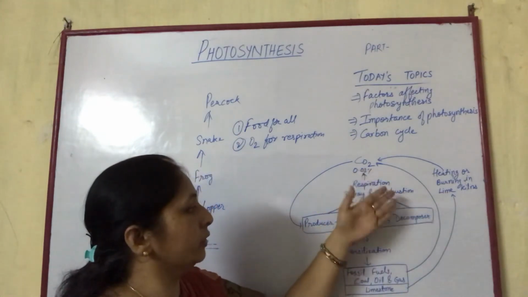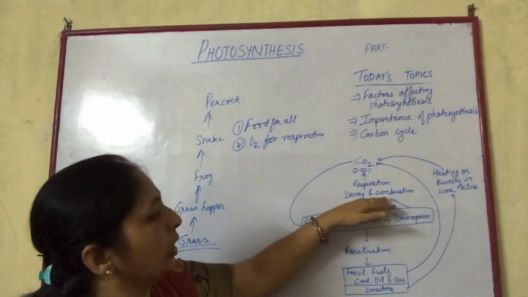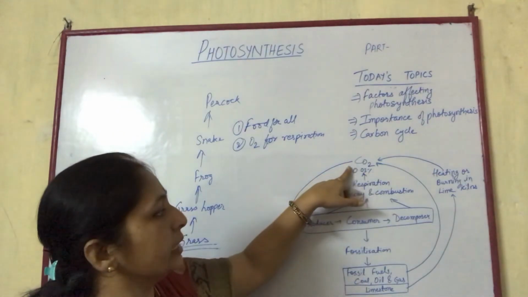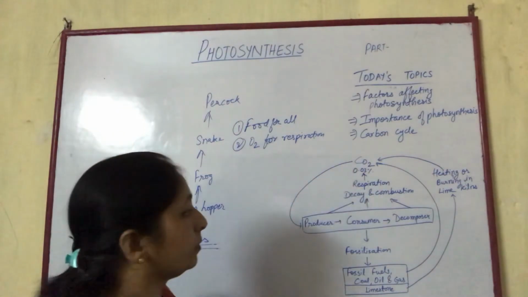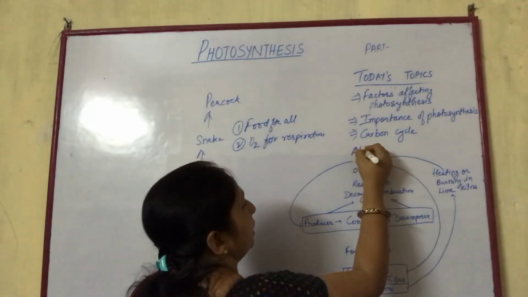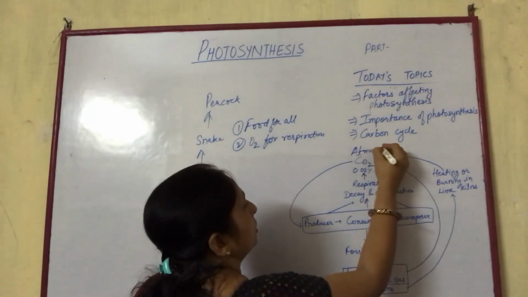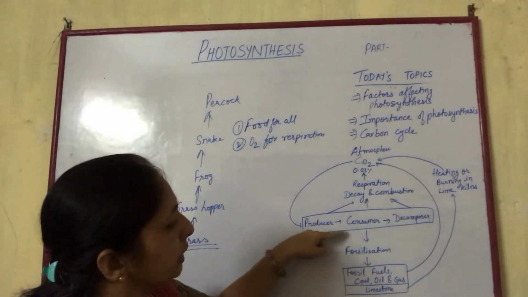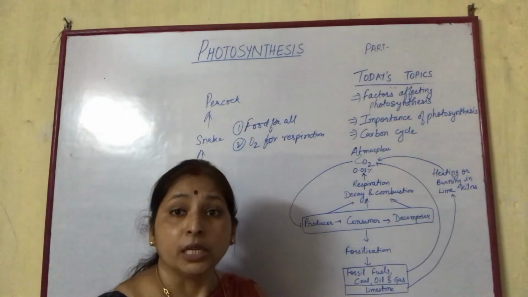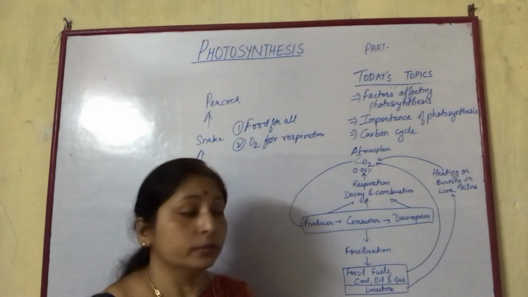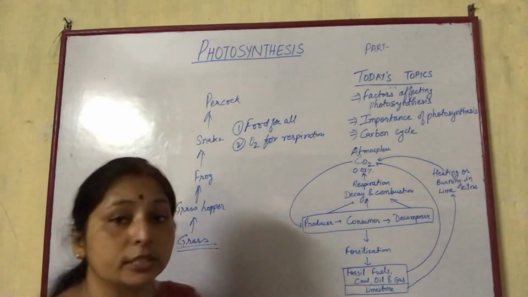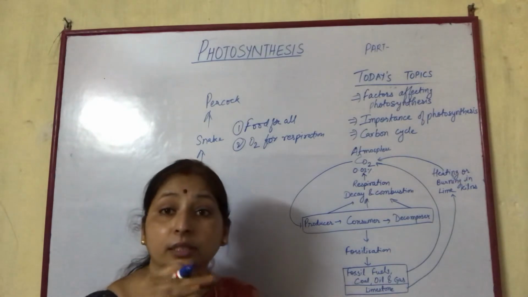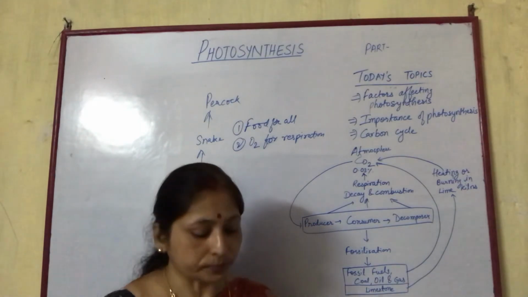Again, after the death of the decomposers, by decay and combustion or the respiration process, CO2 is again released back to the atmosphere. This is the atmospheric CO2. Then all these living forms, when they die, become fossilized. They get buried under the soil or under the sea.